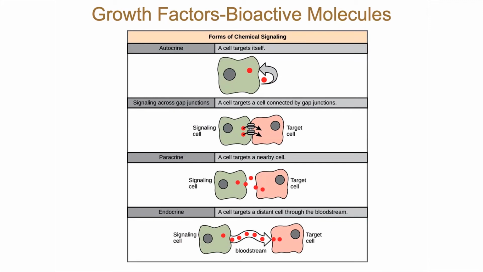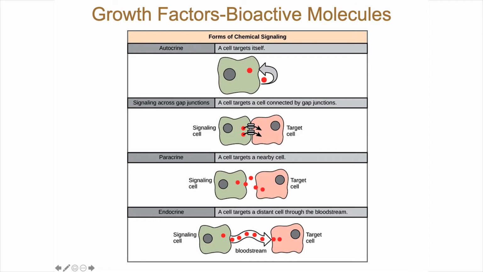So growth factors are one type of bioactive molecules that cells use to talk to each other. And there's different ways they can do this. A cell can talk to itself. That's called autocrine signaling. A cell can talk to a neighbor through these junctions that hold the cells together, or it can talk to a neighbor that's a little bit away. This is paracrine signaling.